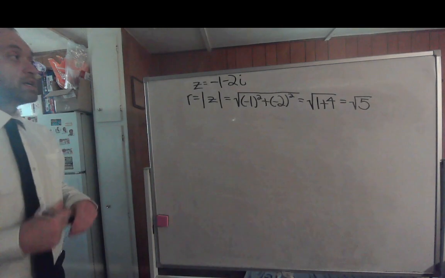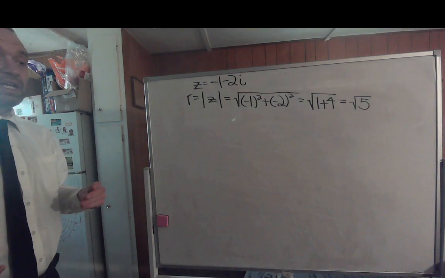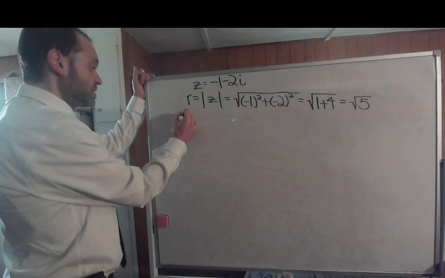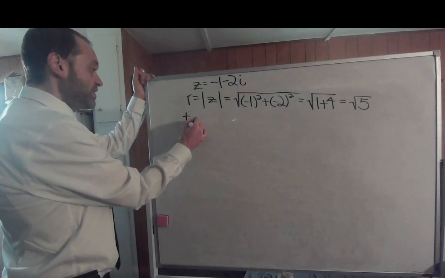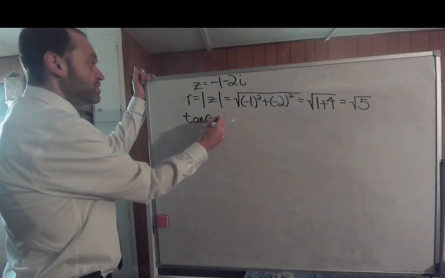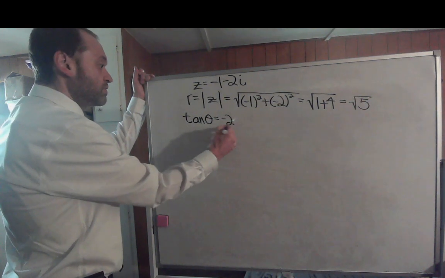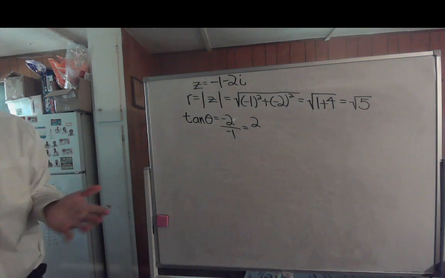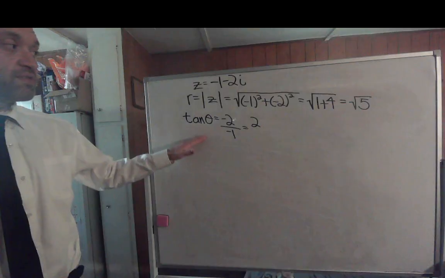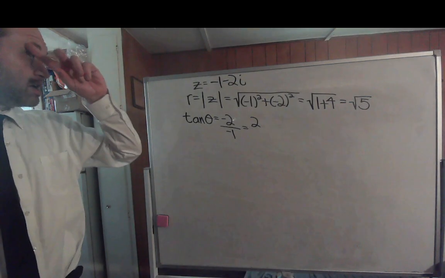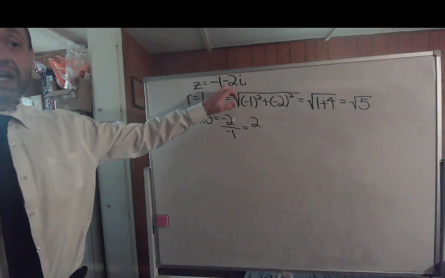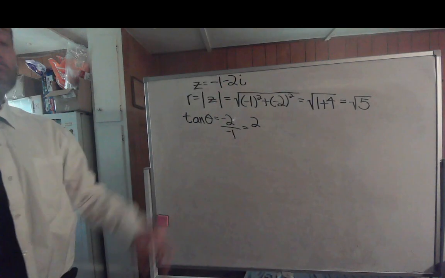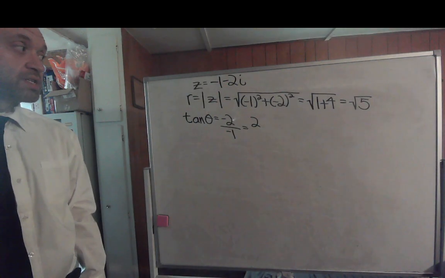Okay, now we need to deal with finding the angle. So the tangent of theta is going to equal that -2 over -1, or simply 2. Well, we have the tangent of theta equals 2, but since, let's pretend again, these are your x and y values, you have them both negative, which would mean this is in the third quadrant.